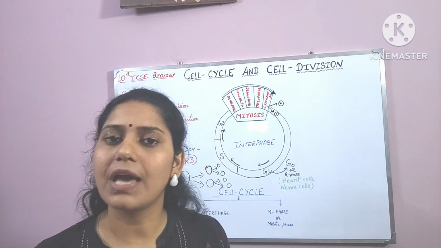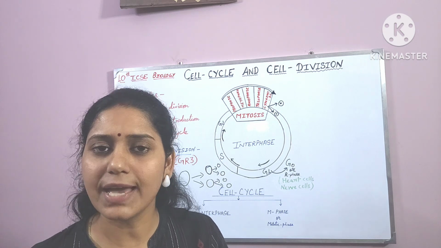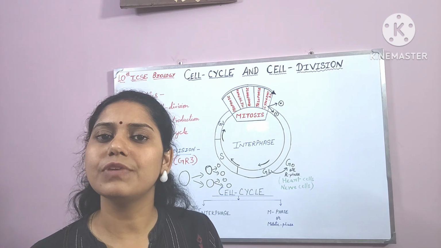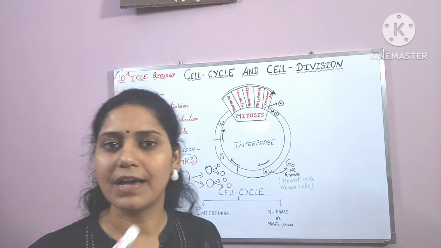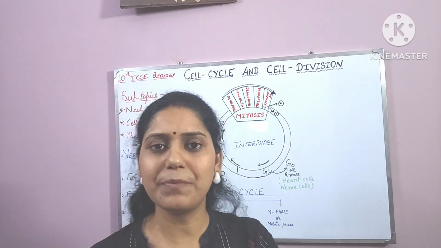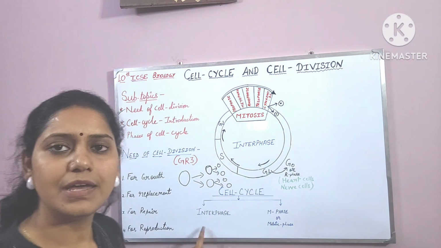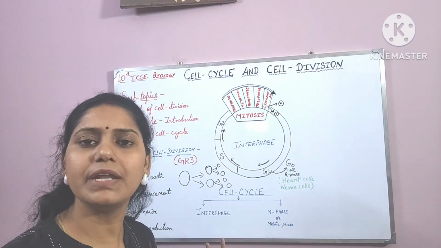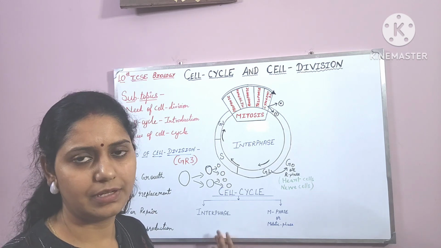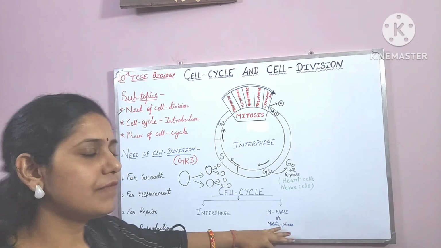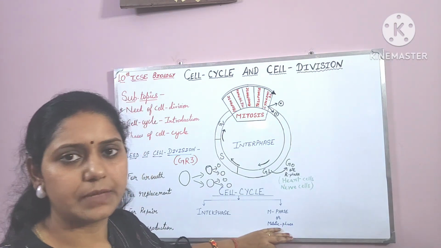So this preparation I am doing, I am not actually cooking now. Once the preparation is done, after that I will cook the food. That preparatory phase is the interphase. A cell before dividing prepares itself in the interphase. In M phase the actual division takes place.